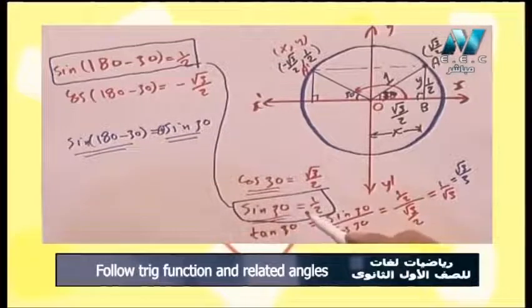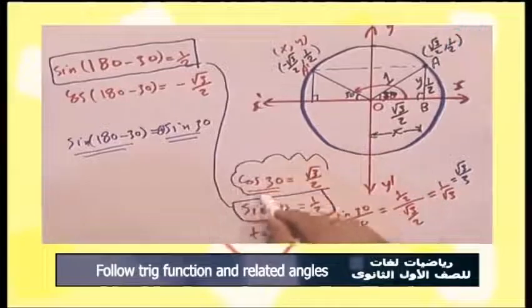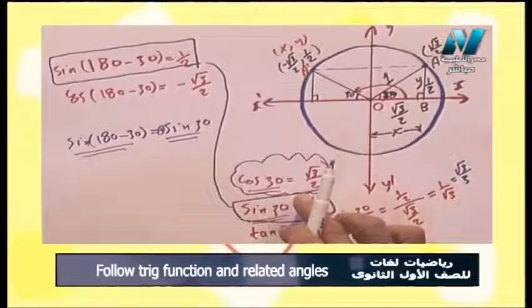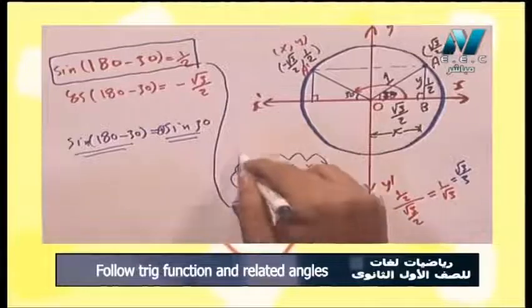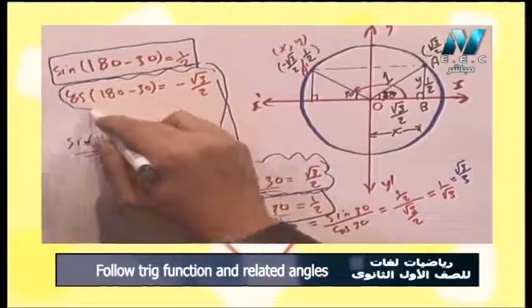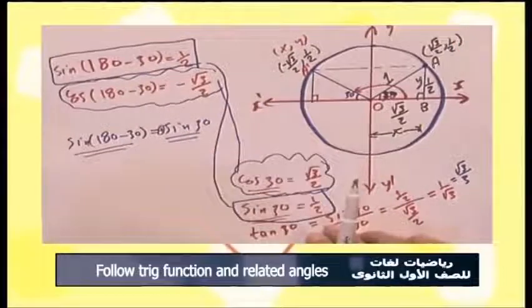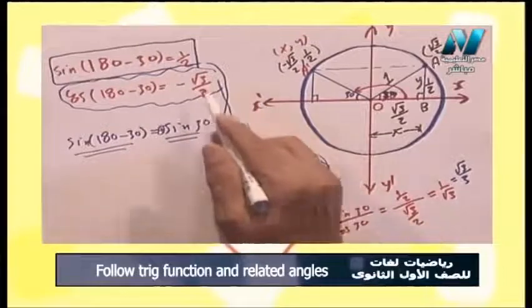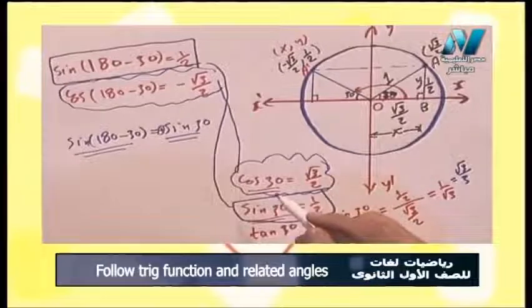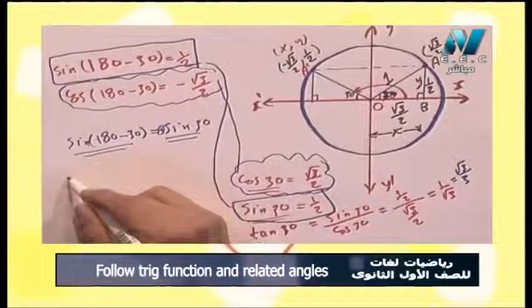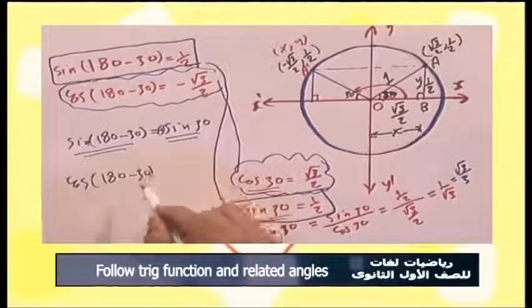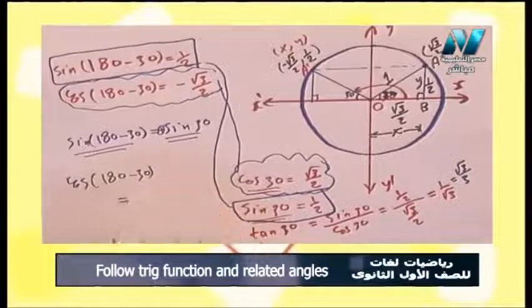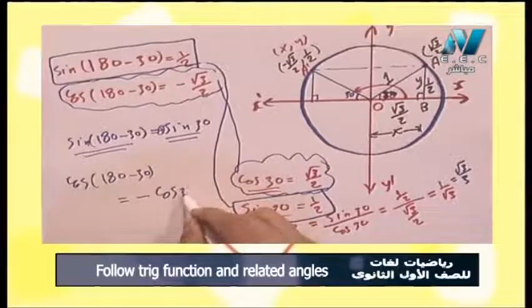If we compare cosine 30, which equals root 3 over 2, and cosine of 180 minus 30, which equals negative root 3 over 2, we'll find that cosine 180 minus 30 equals negative cosine 30.